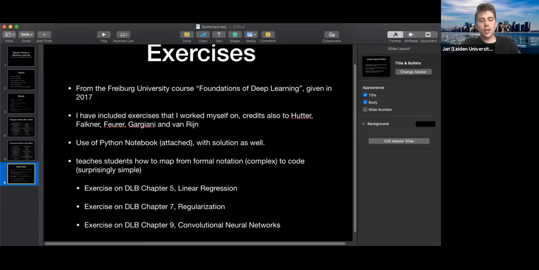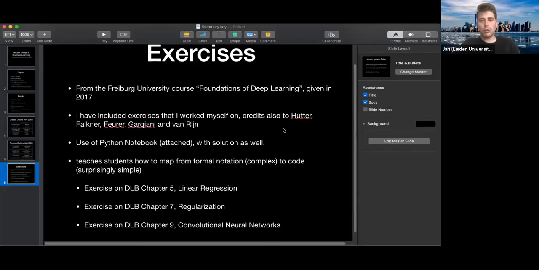When we were giving the course in Freiburg, I was partly together with my colleagues Matthias Feurer, Stefan Falkner, and Frank was doing the lectures, and we were basically in charge of the exercises.